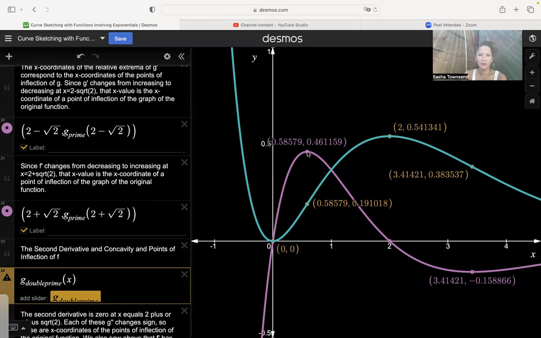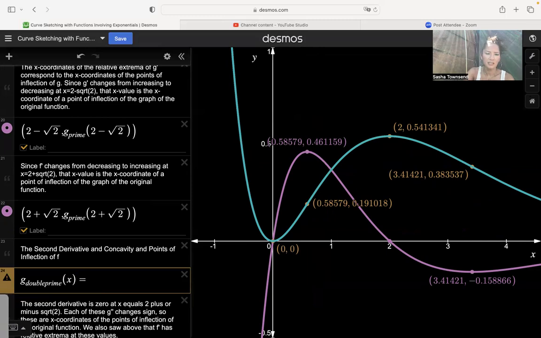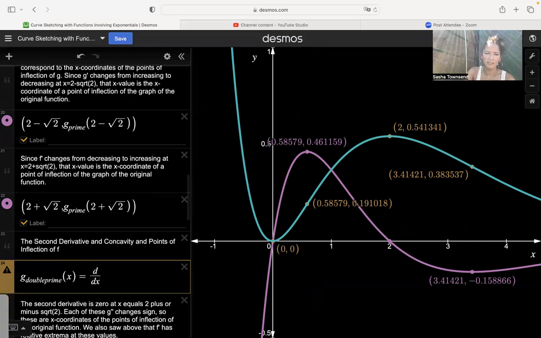That's our maximum of the first derivative and the minimum of the first derivative, a relative max and a relative min of the first derivative that correspond to those points of inflection. Now, it's easiest to see that if we look at the derivative with respect to x of the first derivative. And that's the definition of the second derivative, right?